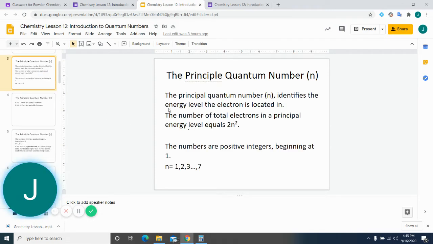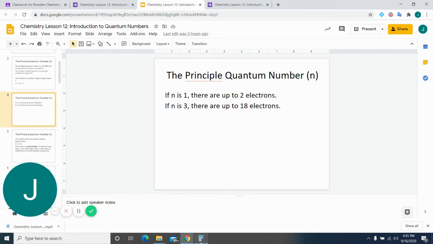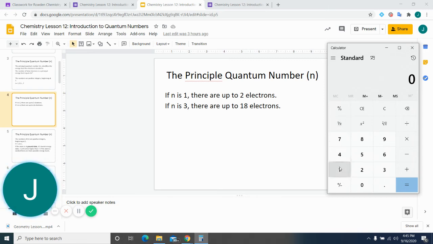So using the equation to figure out how many electrons we have at any energy level, you just do 2n squared. Look at what we do right here. If n is 1, you'll do 1 squared, and then you'll do times 2, and you'll get 2.